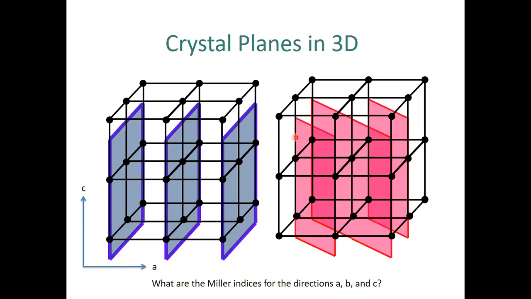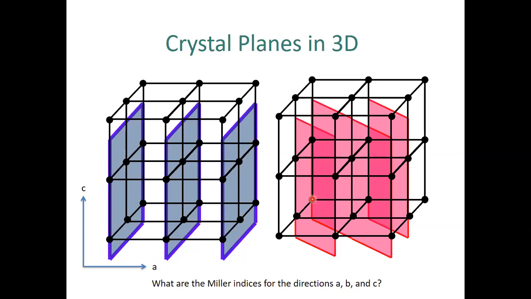So now what about this case? So we can first go again into A direction. Okay, and we see again, into A direction, we have to go a full lattice parameter A so that we meet another lattice plane. Okay, so now what about lattice parameter B? So lattice parameter B points this direction. And we see that we have to go, in this case, also a full lattice parameter B into B direction.